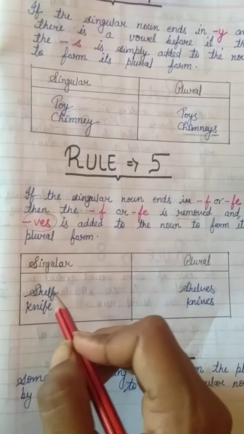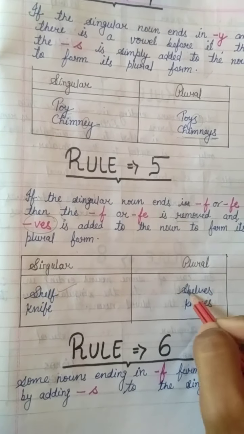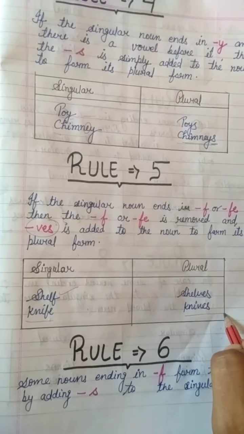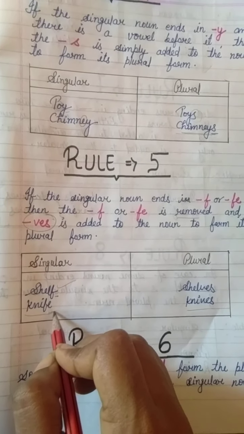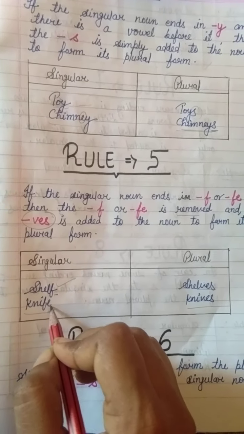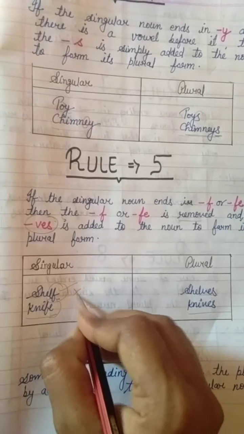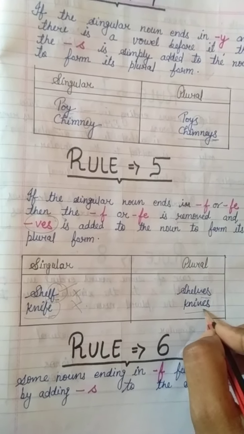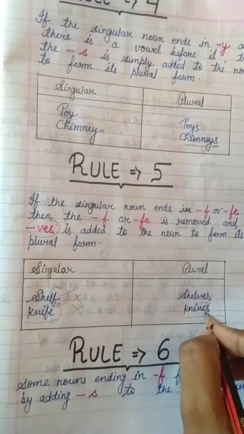For example, shelf, shelves, knife, knives. Students, you can see f and fe at the end of the singular noun. So f and fe are removed and ves is added to the noun to form its plural form.